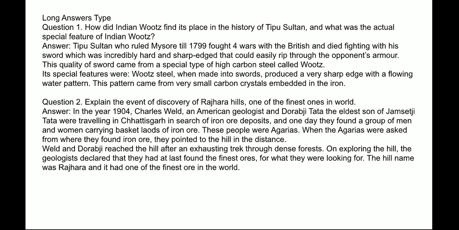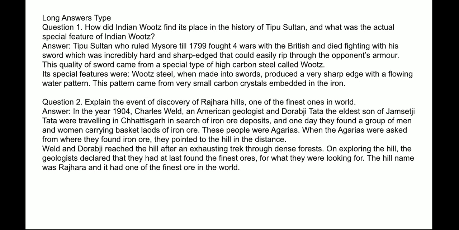This quality came from a special type of high carbon steel called wootz. Its special feature was that wootz steel when made into swords produced a very sharp edge with a flowing water pattern. This pattern came from very small carbon crystals embedded in the iron.